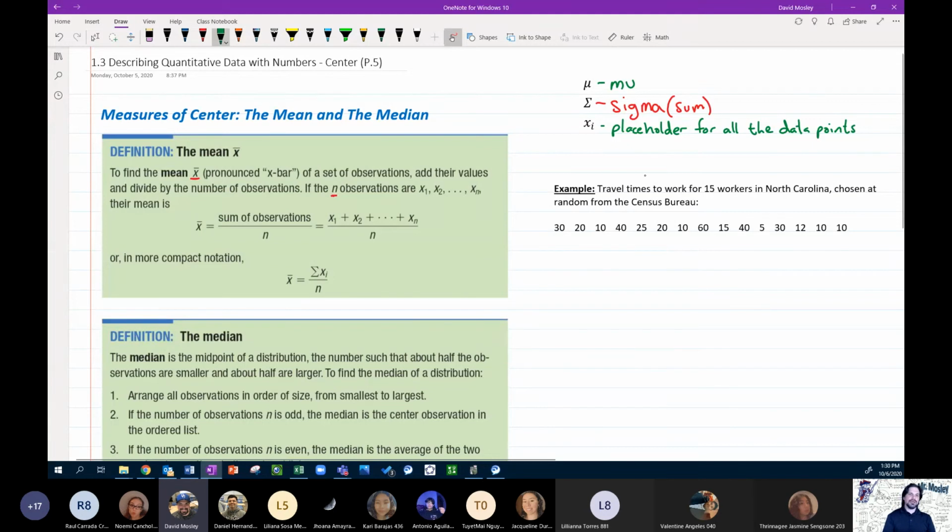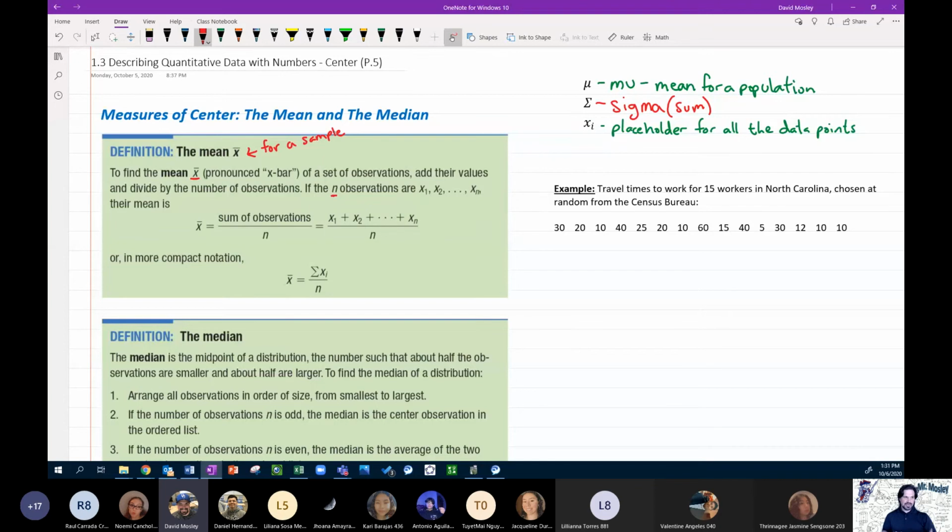And mu is the mean for a population. The mean here, x bar, is for a sample. They are calculated exactly the same. There's no difference in how they're calculated or how we find those.